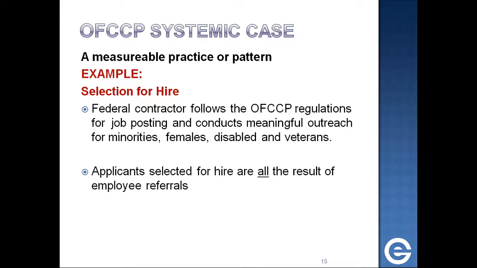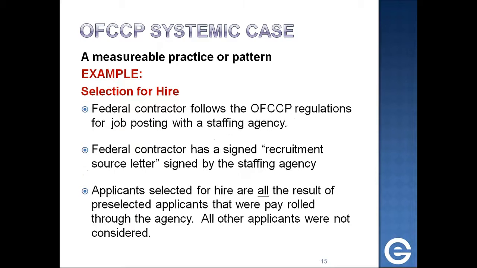So in this case, there was an applicant log. None of the people that applied through their recruiting means, other than their employee referrals, were hired, which is very improbable. So in this particular case, the compliance officer is going to dig further and want to know where the job was posted, and they would want to see resumes for these other applicants that applied.